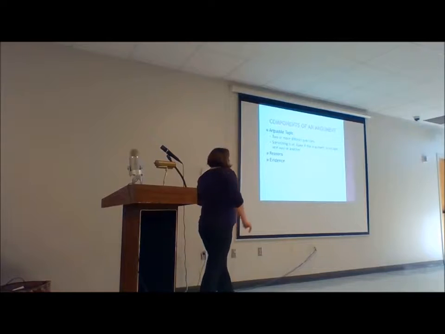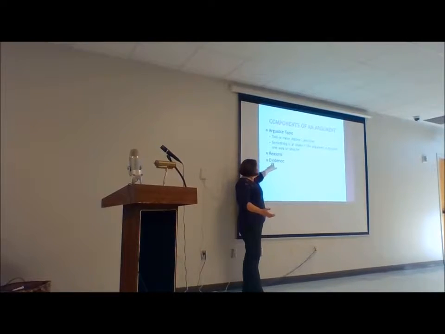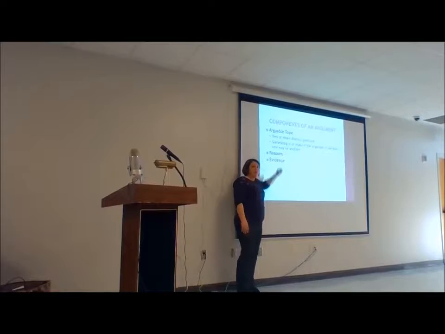Okay. For each of your reasons, you need to find evidence to support, to explain that reason, okay? This is where your research is going to come in. This is how you're going to establish your credibility that you know what you're talking about because you have researched each of those reasons, and you're going to incorporate a source to help explain that reason.